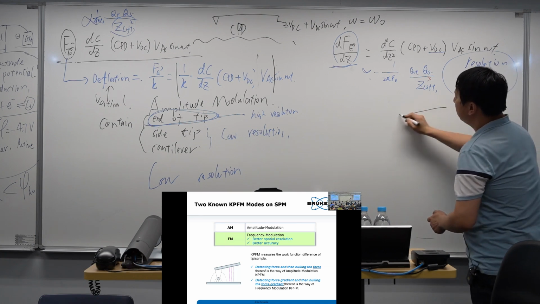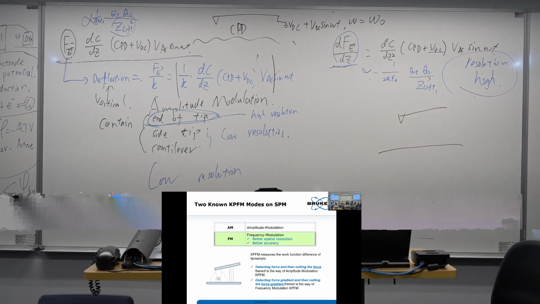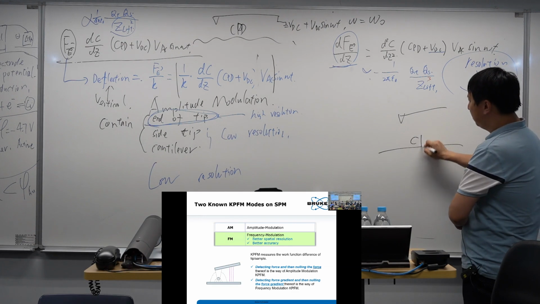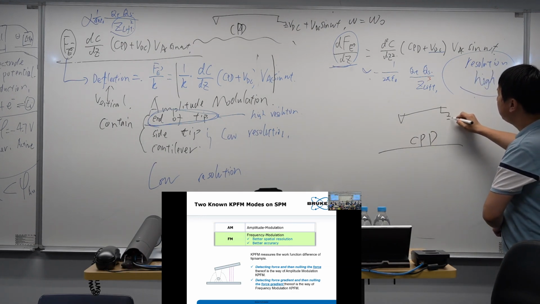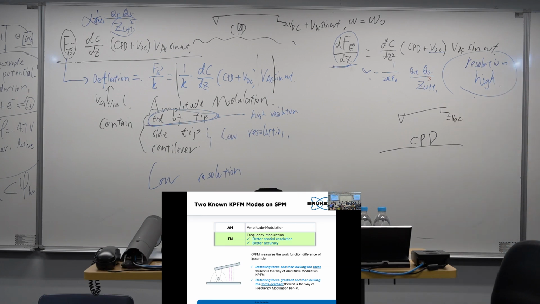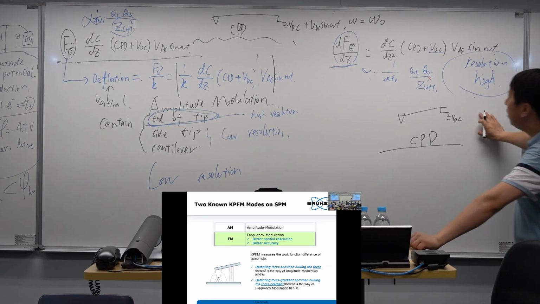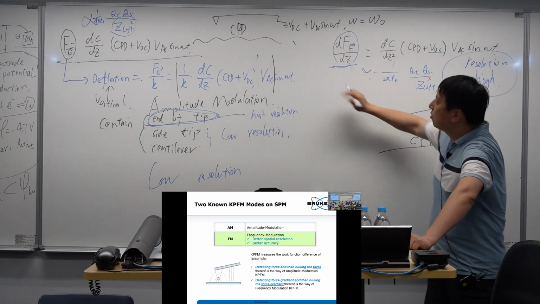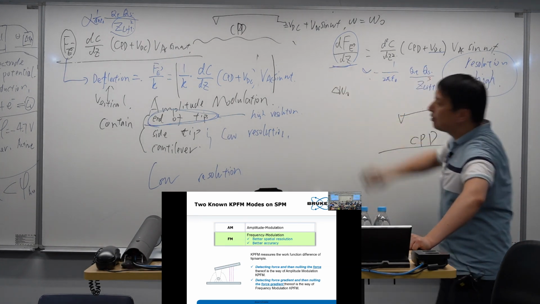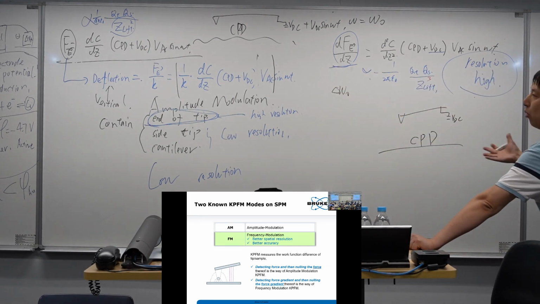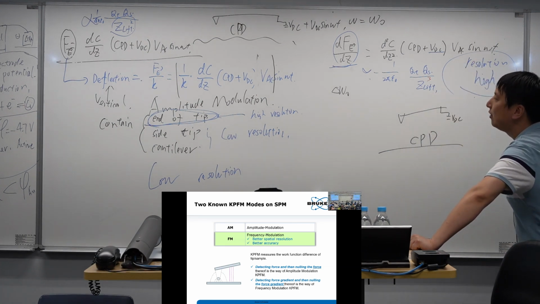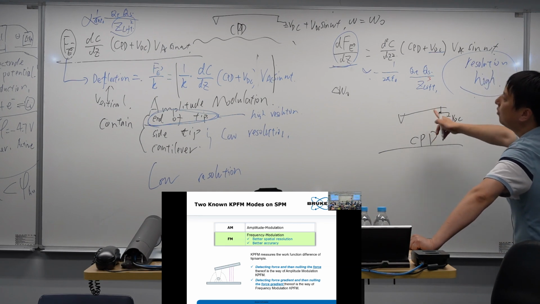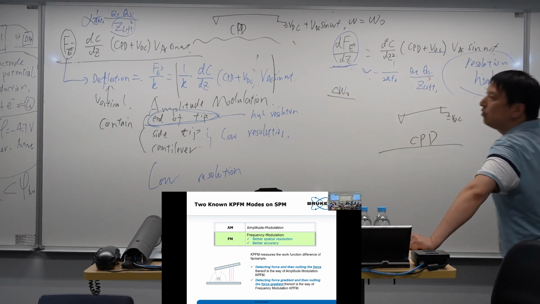We have a probe, and this probe is under a contact potential difference. We apply a VDC on this probe, and we want to measure the gradient, so we need to get the resonance frequency shift. So we want this probe to vibrate and then observe its resonance frequency shift.